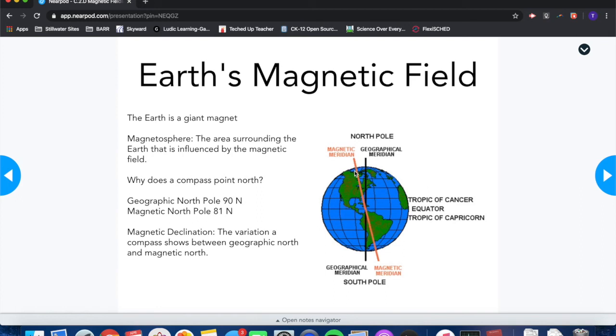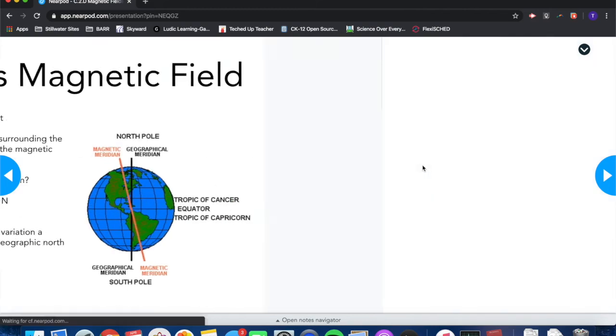It's actually somewhere over in northern Canada. That's because the Earth's magnetic poles do not go directly along this line. They line up with how the core spins. So there is a difference between magnetic north and geographic north, and this is what we call magnetic declination, the variation a compass shows between geographic north and magnetic north.